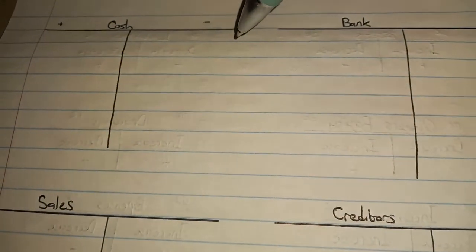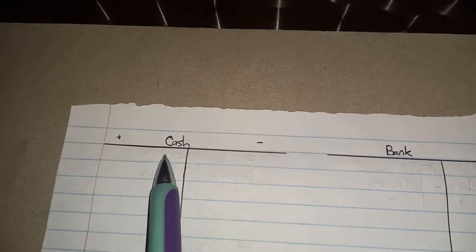You can draw the labels that are used in the cash book, or you can just imagine them, because basically the same labels apply: your date, your description, and then your amount. You wouldn't have bank, because again the accounts. So then you enter the amount here.